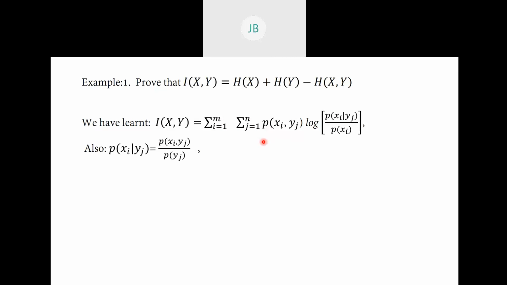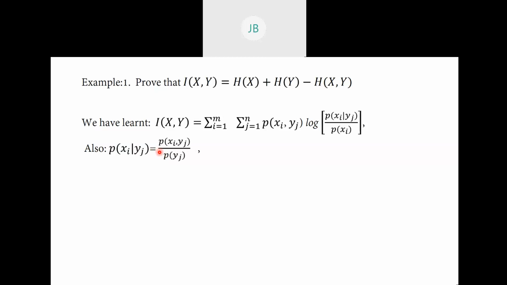Now in this equation, we can further simplify some of the terms. We know that the conditional probability of input when you are very certain about the output is equal to the joint probability between x and y divided by the probability of the output. This is also a well-known equation from the base equation.